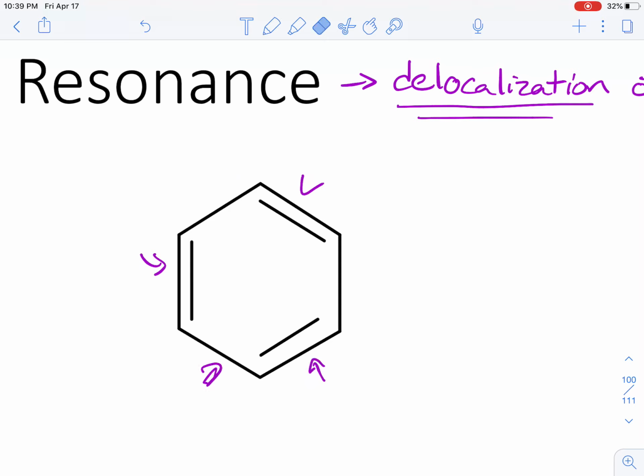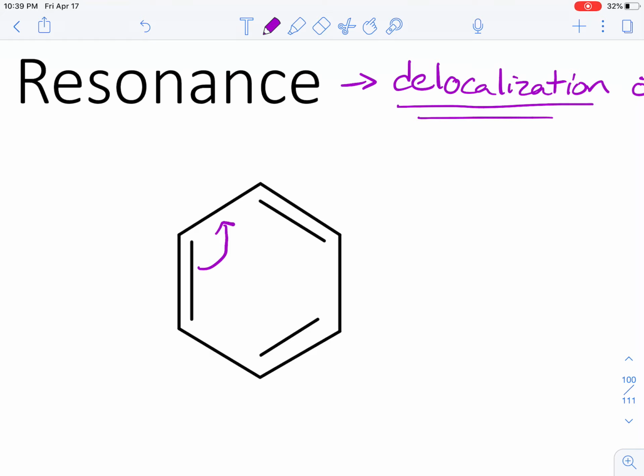Okay. And so if a pair of electrons were to delocalize, then it would move just one space over. It would just kind of jump from one carbon to another.